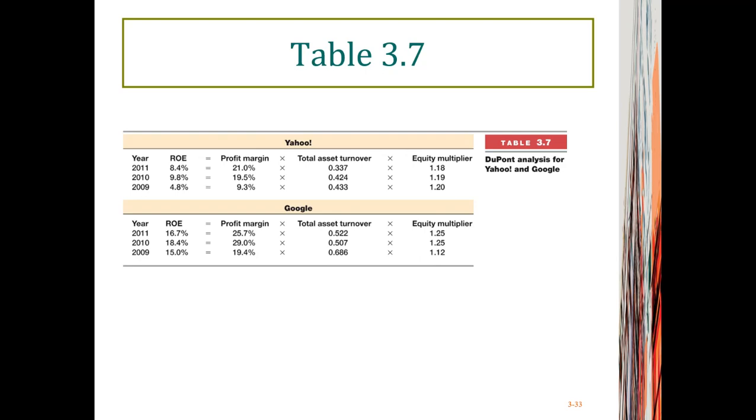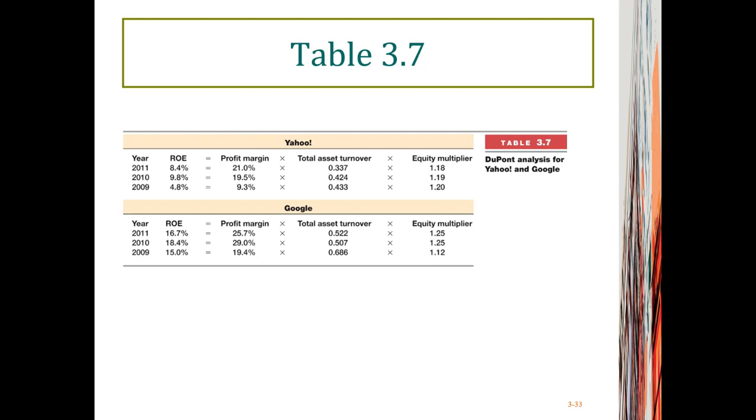But it only explains a little bit, because there are two other drivers driving up its ROE. One is operating leverage, and total asset turnover of Google is 0.522, right? And that number was 0.337 for Yahoo. In this case, it shows that Google has much better total asset management.